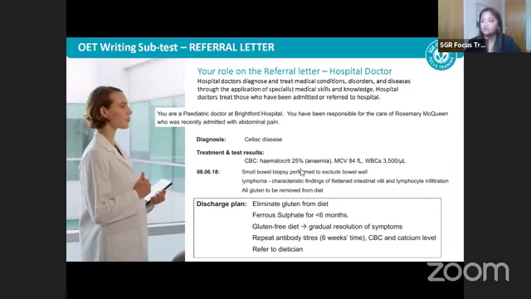So you did a biopsy, what the findings are, whether it's positive, whether it's negative, and then you make your confirmation of the diagnosis. You made an initial diagnosis in here, and the testing confirmed your diagnosis for celiac disease.